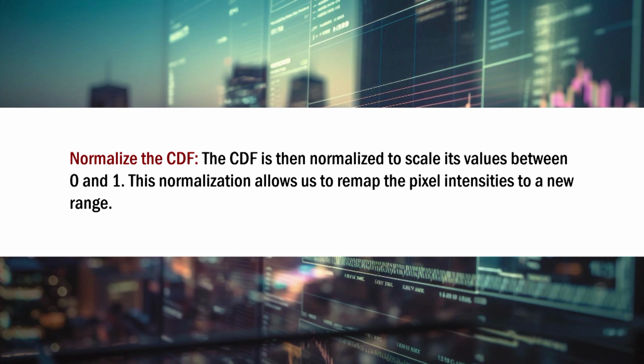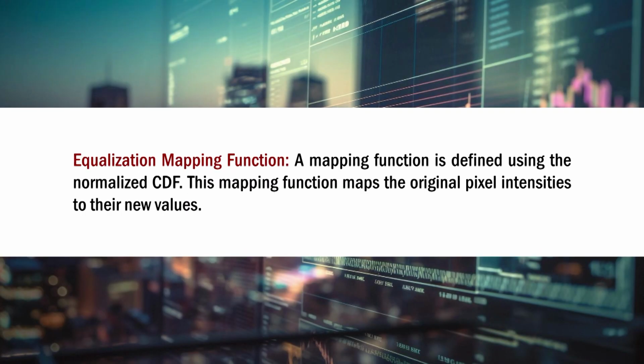Next is to normalize the CDF. The CDF is then normalized to scale its values between 0 and 1, which is the range. This normalization allows us to remap the pixel intensities to a new range. This remapping is used to redistribute the pixel values for a quality image. Next is the equalization mapping function.